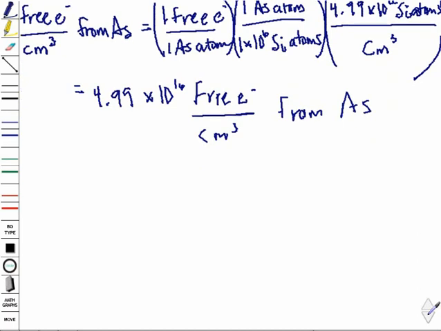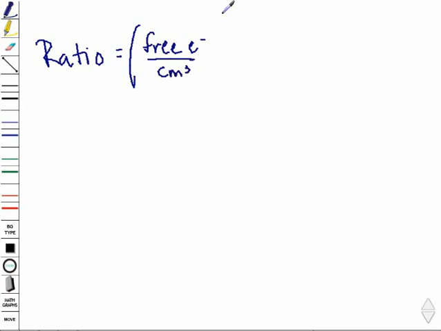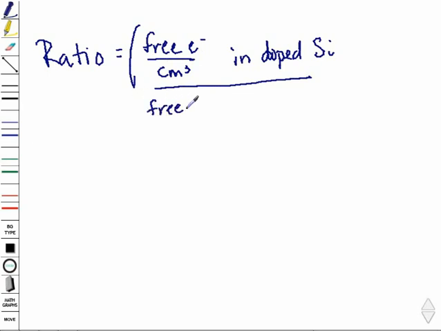Now, if we want to look at the ratio, we need to compare the amount of free electrons per centimeter cubed in doped silicon, which is what we have, compared to the free electrons per centimeter cubed in intrinsic silicon.